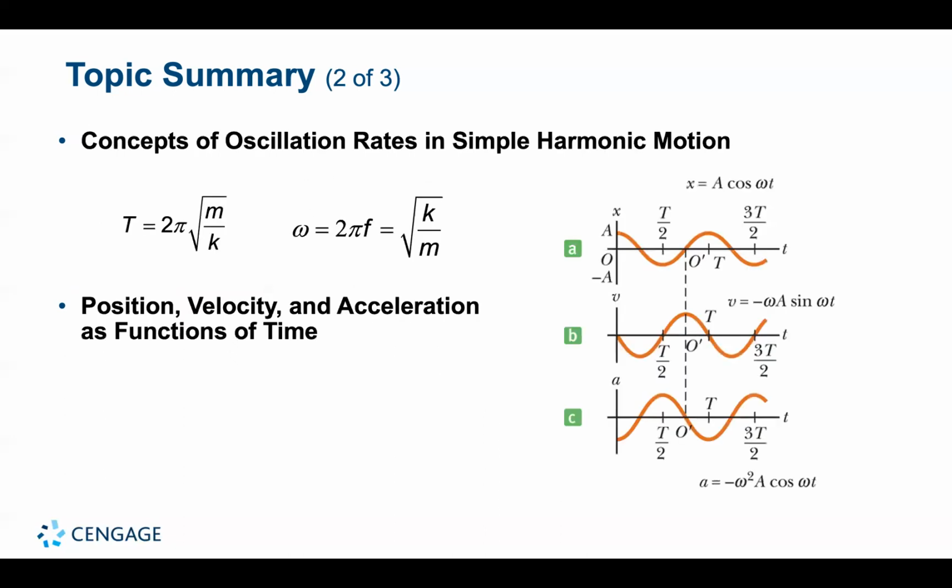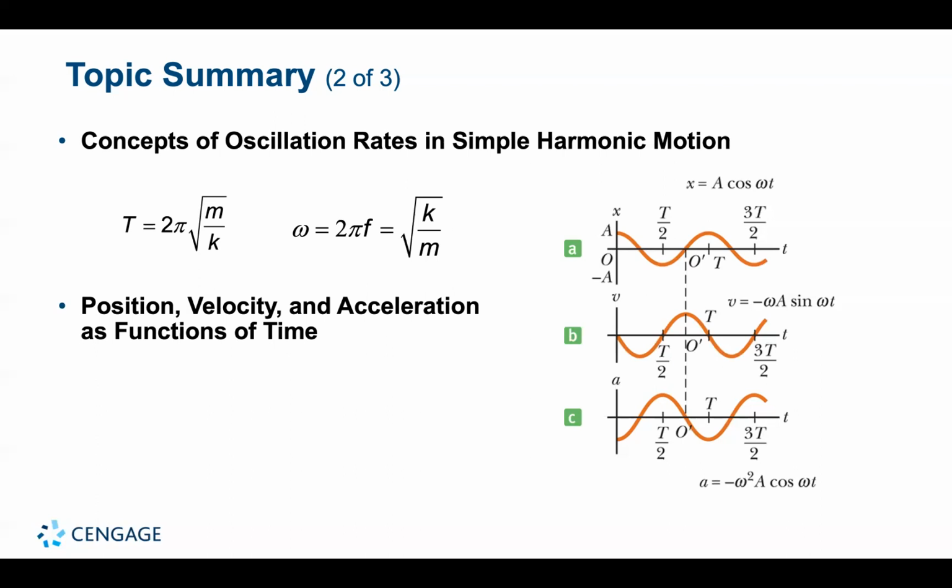For concepts of oscillation rates in simple harmonic motion, the period of an object of mass m moving with simple harmonic motion while attached to a spring of spring constant k is T, where T is independent of the amplitude A. The frequency of an object-spring system is f equals 1 over T. The angular frequency omega is given here, and the units are radians per second.